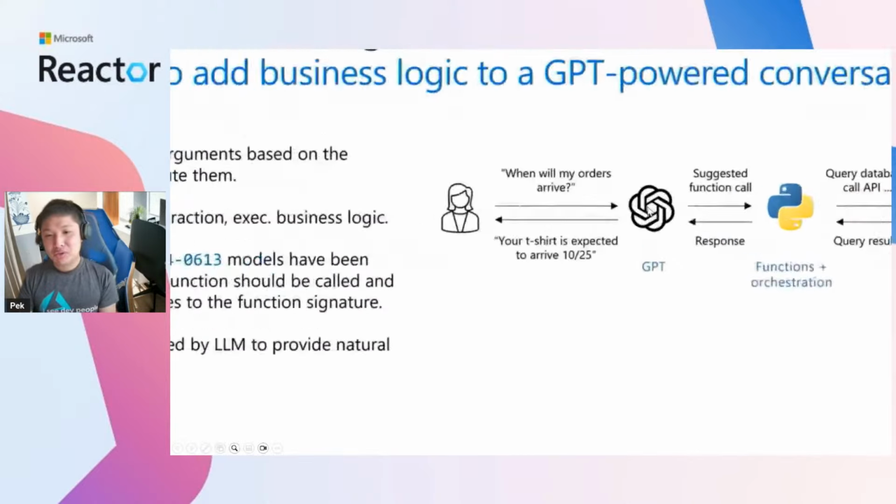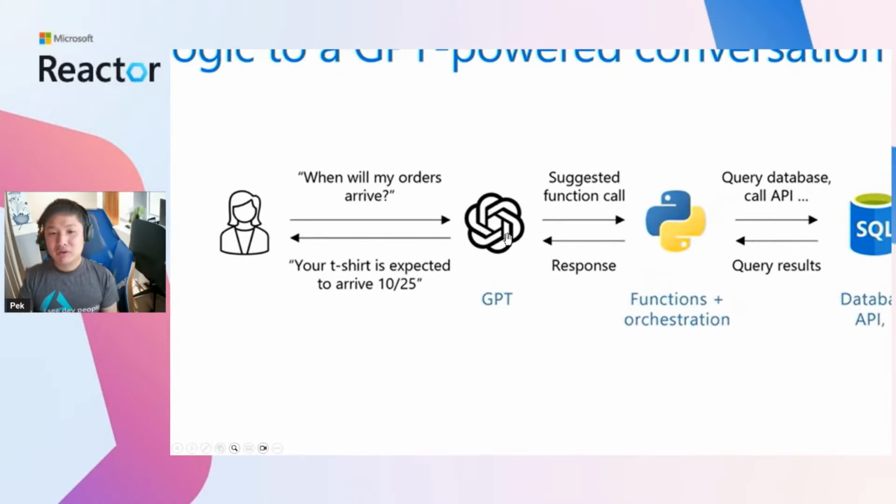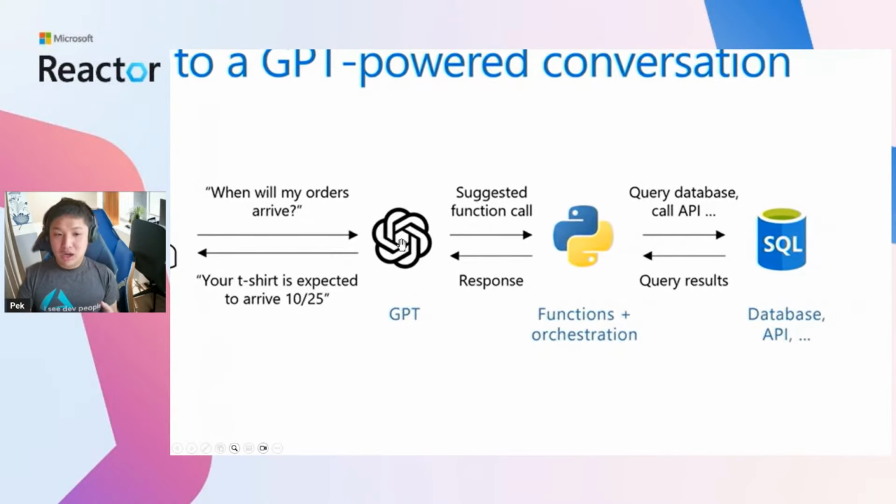So, for example, your user will say, "Hey, when will my order arrive?" Your LLM, in this case GPT-3 or GPT-4, will read the question, understand the functions that you have available, and suggest the function that needs to be executed. Your application will pick it up and execute the function with the parameters accordingly.